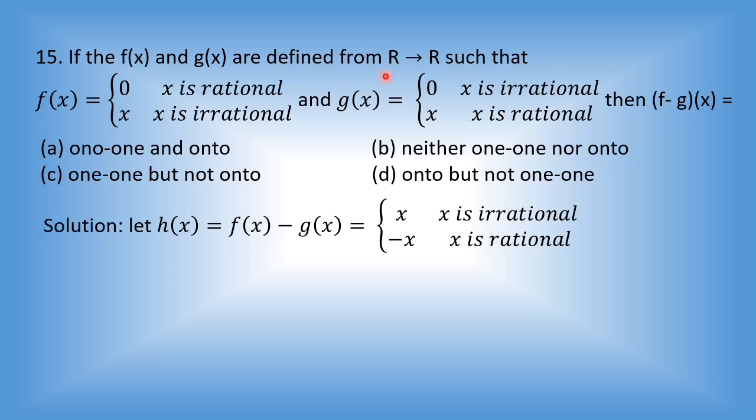So the function h of x is onto. That means the function is both one-one and onto. That is option A here. Thank you.